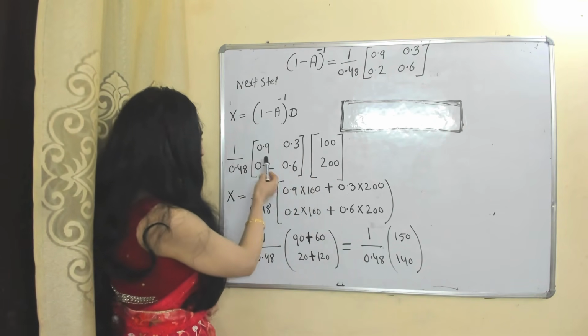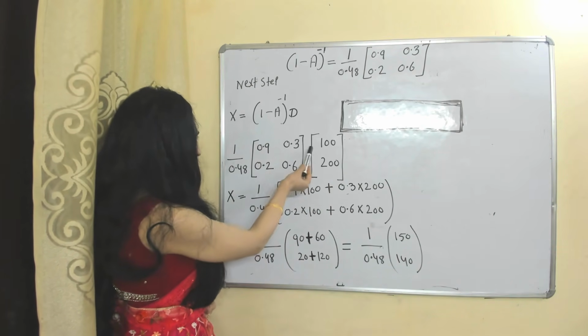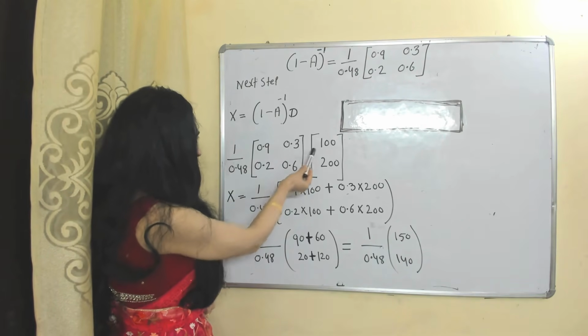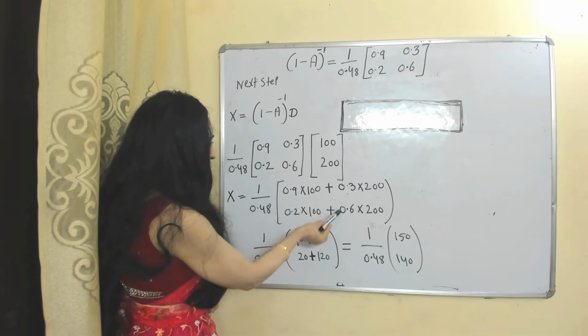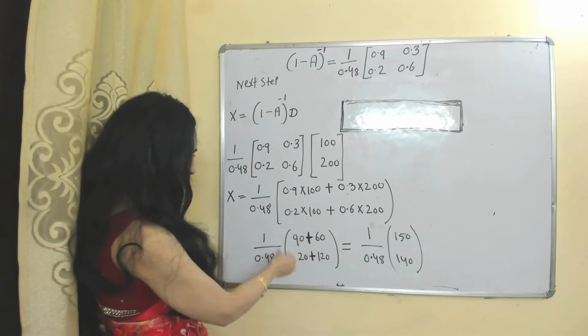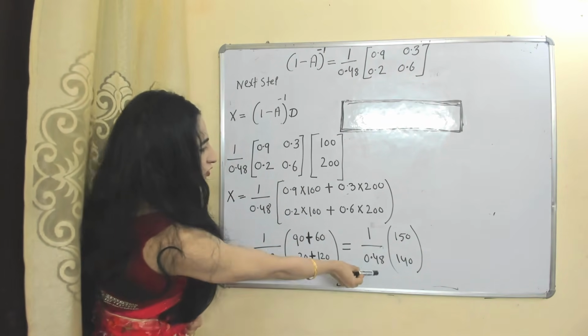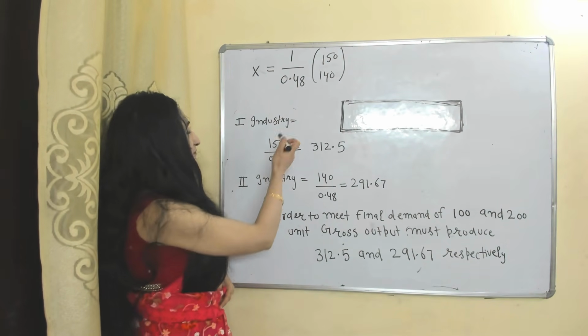Now we will solve. Means we will multiply each other. 0.9 multiplied with 100, 0.2 multiplied with 100 plus 0.3 multiplied with 200 plus 0.6 multiplied with 200. When we solve, it will become equal to this.